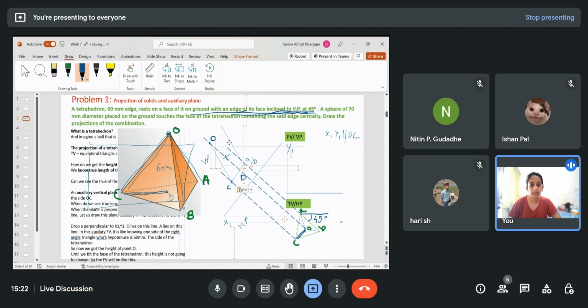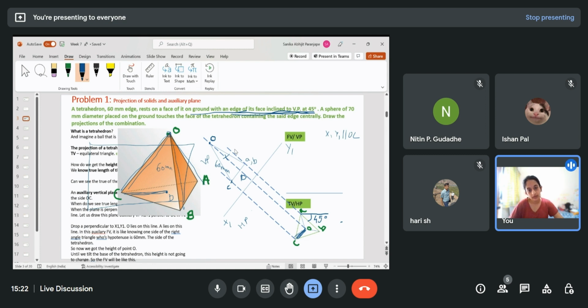You can see that the length of this line will not be 60. The lines OB and OA will not appear as 60 in this view because OA and OB are not parallel to the vertical plane. Only OC is parallel to the vertical plane, and only when it is parallel will we see the true length. So this is 60 mm, but OB and OA that we see here are less than 60 mm. They are not the true lengths of OA and OB.